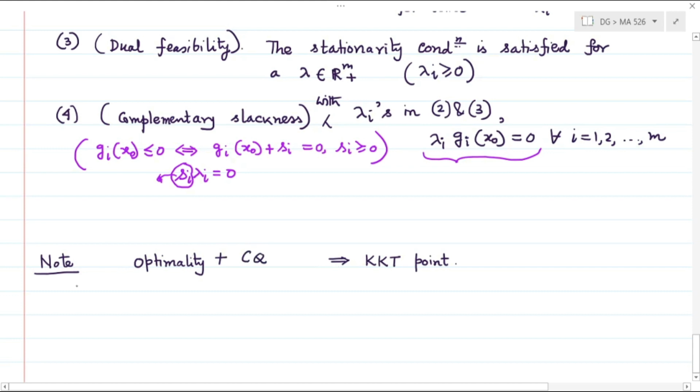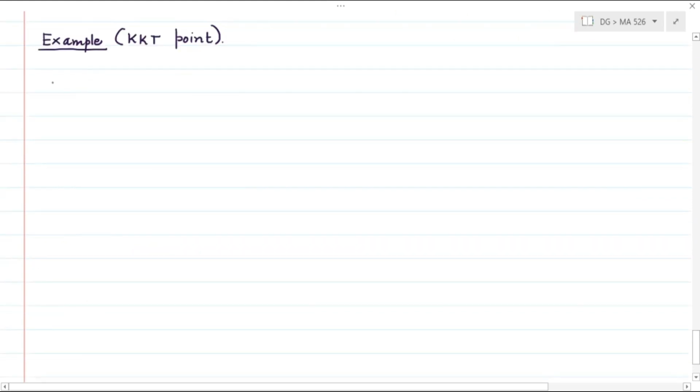Fine. Now let me give an example of a KKT point. Consider the following problem.